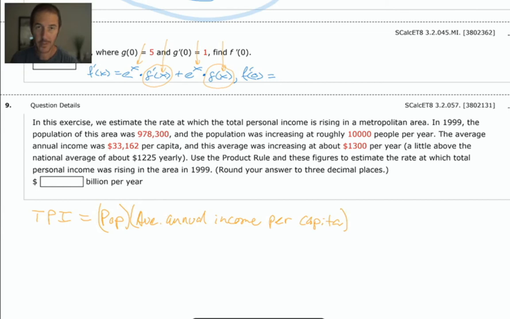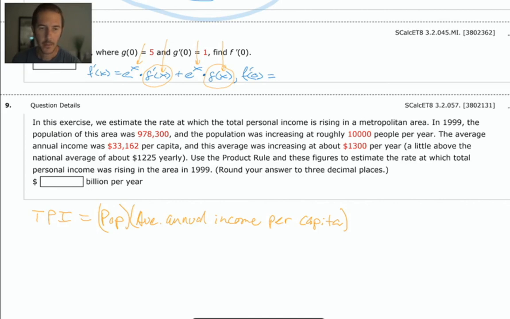And per capita means per person. So total personal income for the entire metropolitan area is equal to the average annual income per person times the total number of people. I think that sounds pretty reasonable.